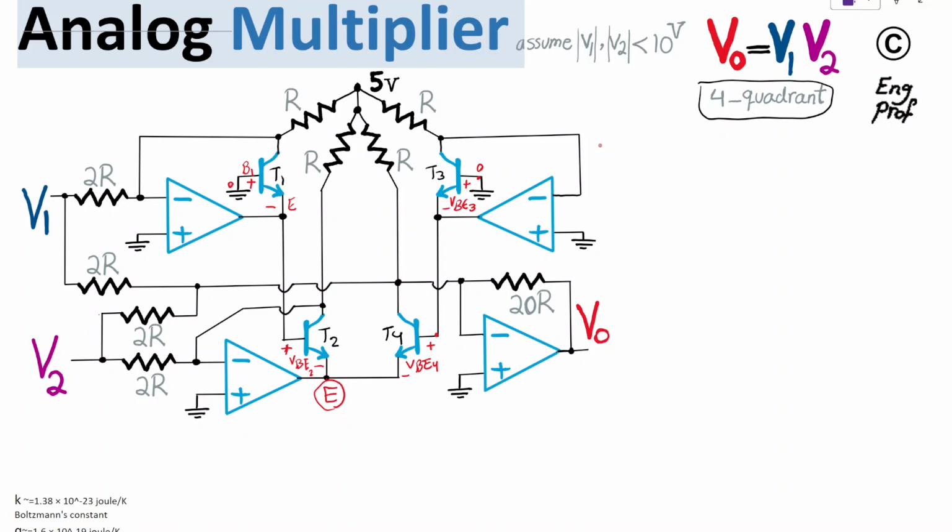So based on the comparison provided here, using Kirchhoff voltage law, or just the KVL, I can see that VBE1 plus VBE2 is equal to VBE3 plus VBE4.